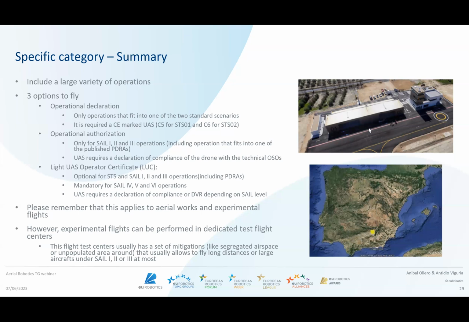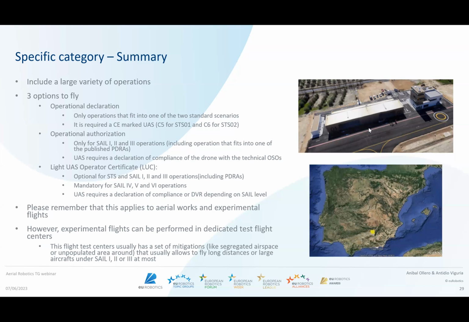They usually have a set of mitigations that allow flying complex operations, long distances, large aircraft, but with a lower risk, SAIL 1, SAIL 2, or SAIL 3 at most. So in experimental flight, you don't fly in the middle of Madrid or the middle of Paris. You fly in this type of area. So the risk of the operation is lower, and you can experiment without all the burden of certification.